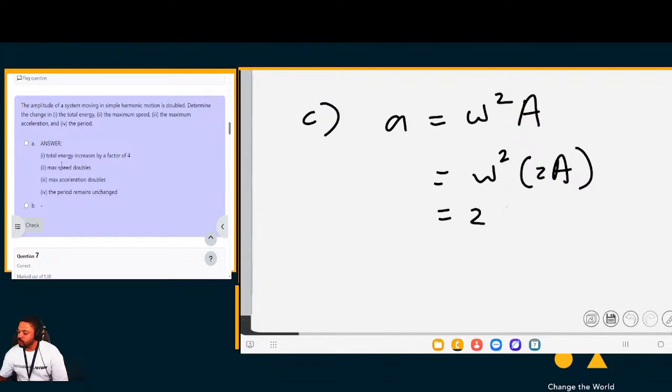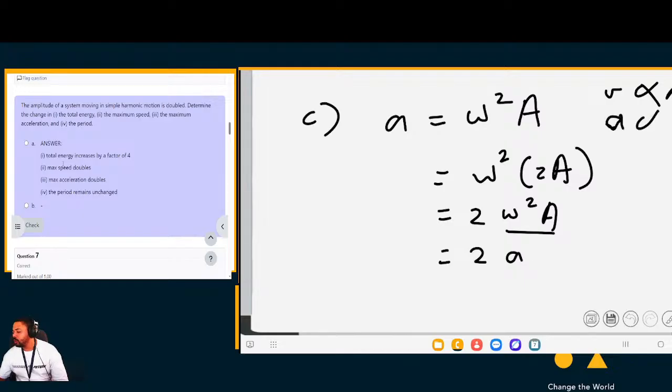Take the 2 to the front. We see this is equal to the original maximum acceleration. So the maximum acceleration doubles, as well as the maximum speed. You could have just seen that by knowing that maximum speed is proportional to the amplitude, while maximum acceleration is also proportional to just the amplitude.